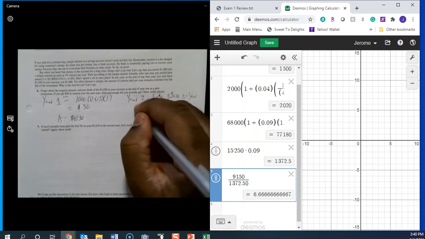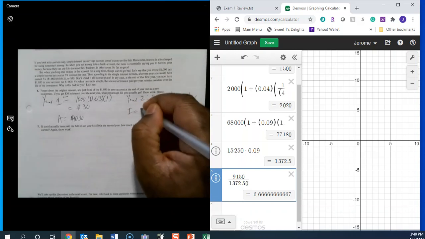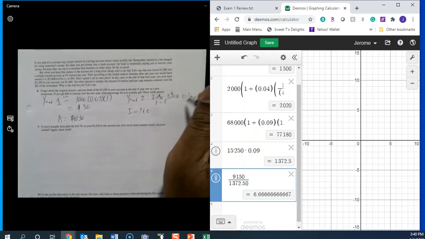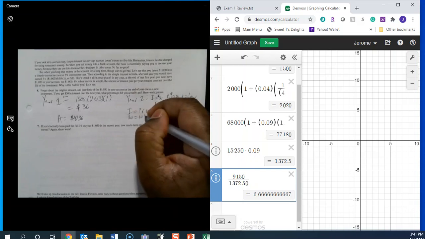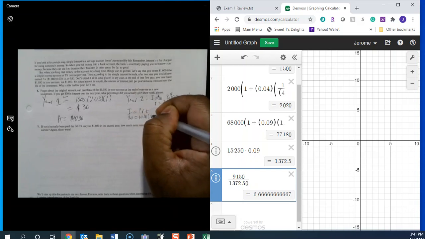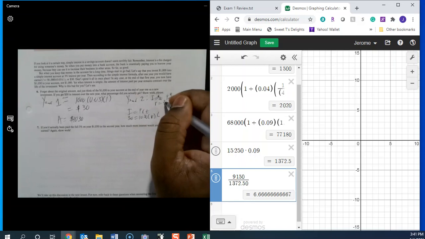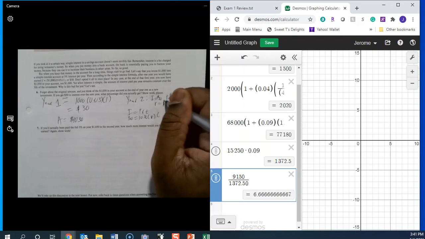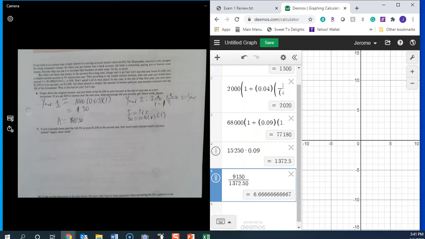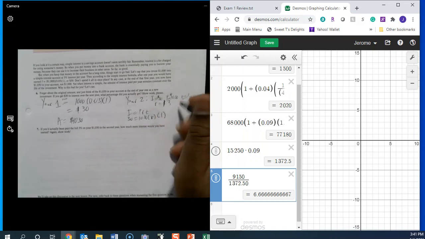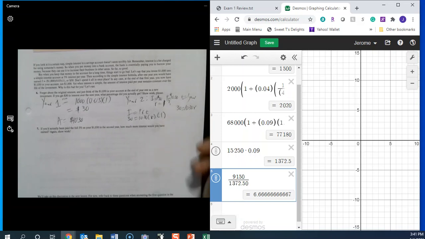So you have interest is equal to principal times rate times time. The interest is $30. The principal is $1,030. The rate we don't know, and the time is 1 year. So this will give us 30 is equal to 1,030 times R.